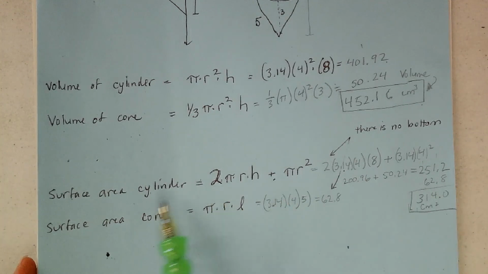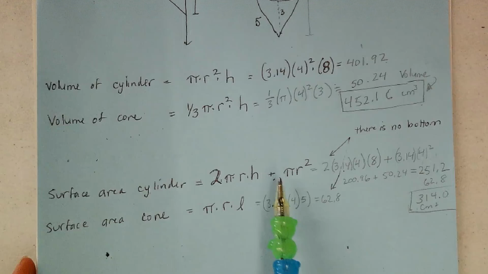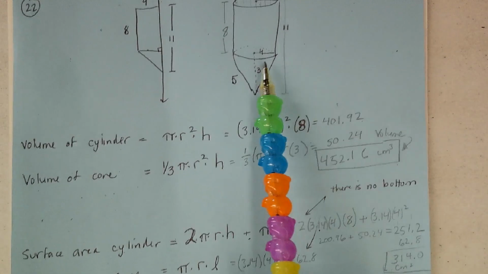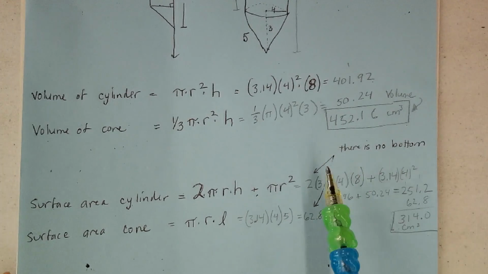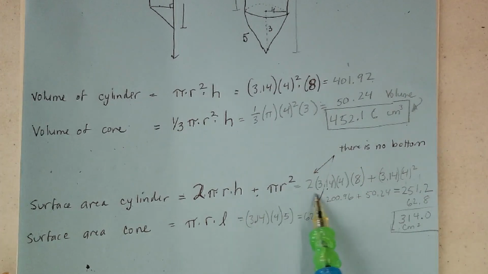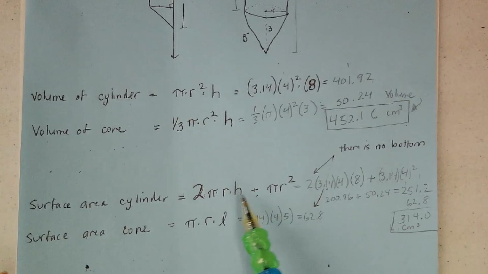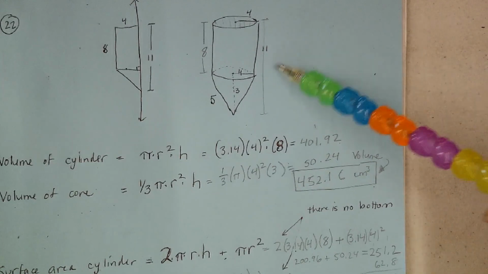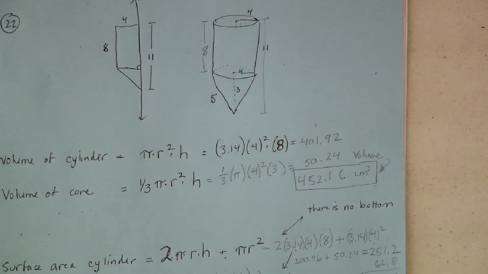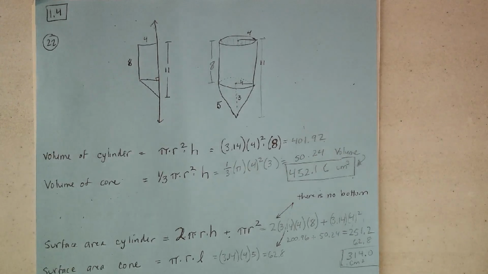I wrote it straight out of my formula sheet, except I didn't put a 2 here because that part I don't want to count. Then I plugged the numbers in: 3.14 for pi, R was 4, H of the cylinder was 8.